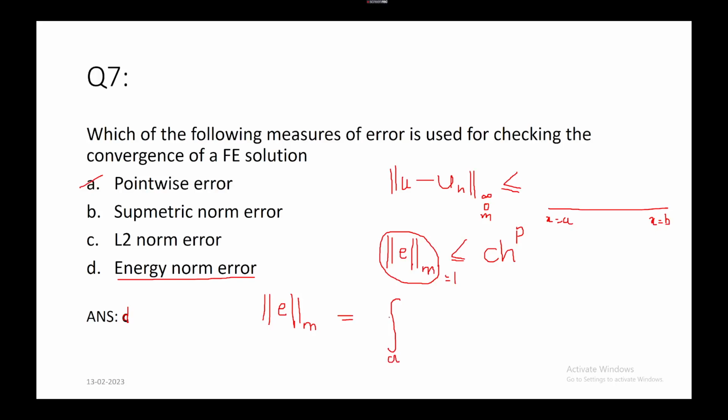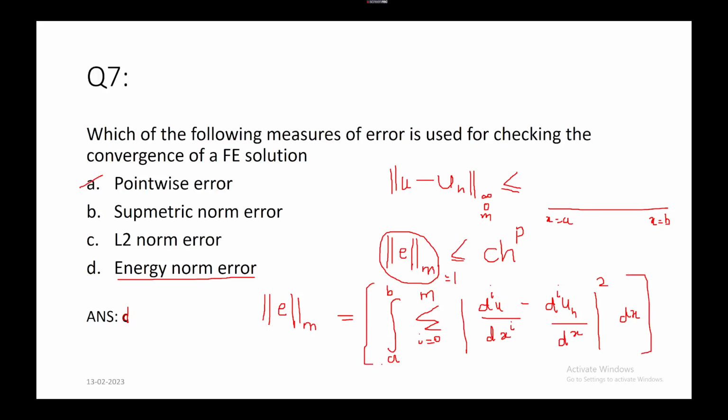So from a to b, the integral of the summation from i equal to 0 to m of the differential terms, d to the power i of u by dx to the power i minus d to the power i of u_h by dx to the power i, the modulus of the whole thing squared, into dx, and the whole thing I am going to take the square root. This is the definition of energy norm.